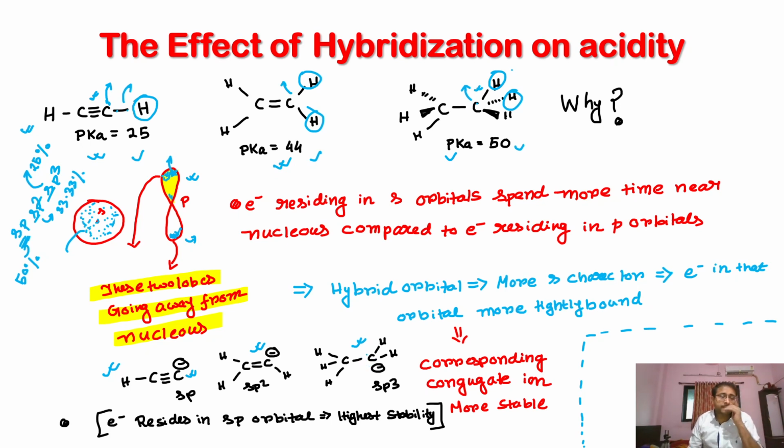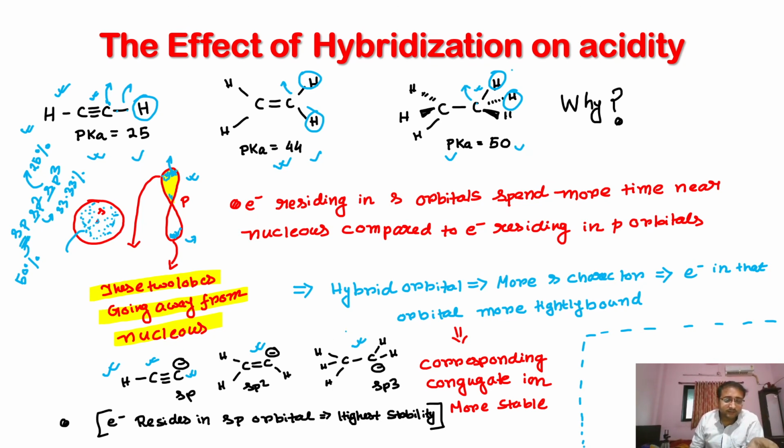So we can predict the acidity of these compounds in terms of the stability of their conjugate base. This conjugate base has the highest stability, because this carbon atom is much more electronegative, or the electrons residing in this sp hybridized orbital are much more tightly held by the nucleus, so they are much more stable. So we can say that the corresponding acid is much more acidic, because its conjugate base is stable.